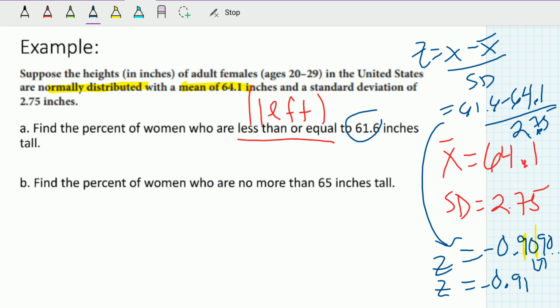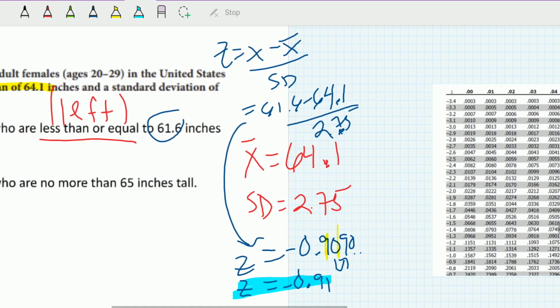Negative 0.91. And so now all I need to do to answer letter A is find the z-score on the table, and that's going to give me the area to the left, because it's the table for the left, and then I'll be done with A. So the z-score is negative 0.91.